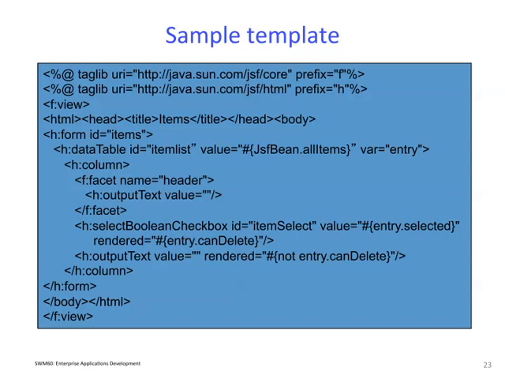So at the top we say which tag libraries we are going to use, and the URI with the prefix F and H. F is for the page components and H is for the HTML parts of the page.